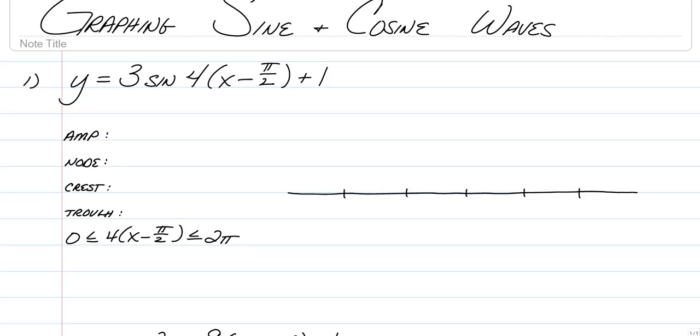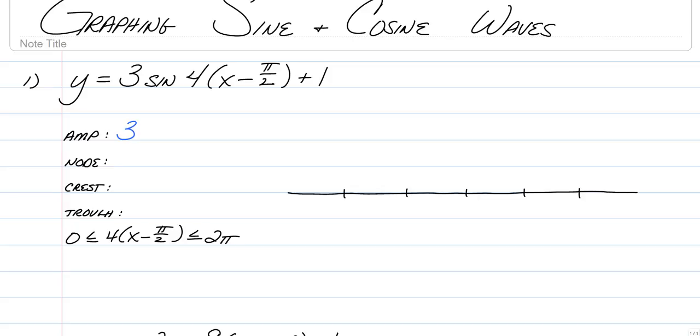All right, let's go. So when we're looking at these equations, sometimes it is helpful to list all of our information out that we know just from looking at the graph or the equation. So we have 3, which is our amplitude. So we have an amplitude of 3 above and 3 below our node line.